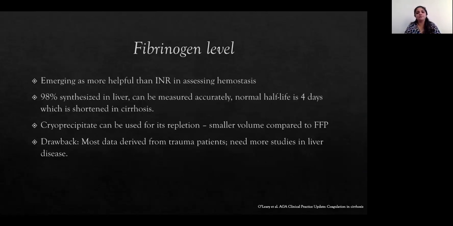It is shortened in cirrhosis, and so it would make sense to monitor this. However, I would like to stress that replacing with cryoprecipitate, and I'll talk about the contents of FFP versus cryoprecipitate in an upcoming slide, can be used for repletion, and it's a smaller volume compared to FFP and won't drive your portal hypertension in the wrong direction.